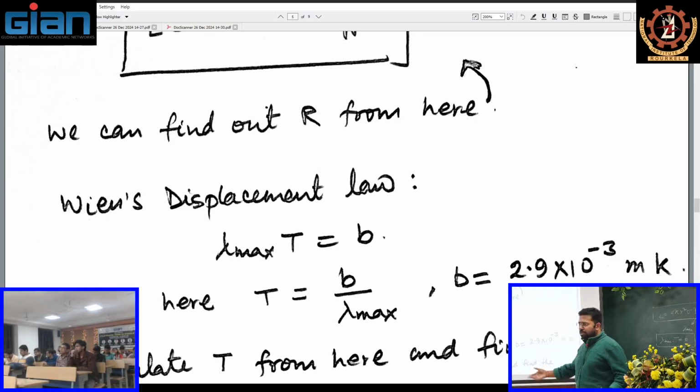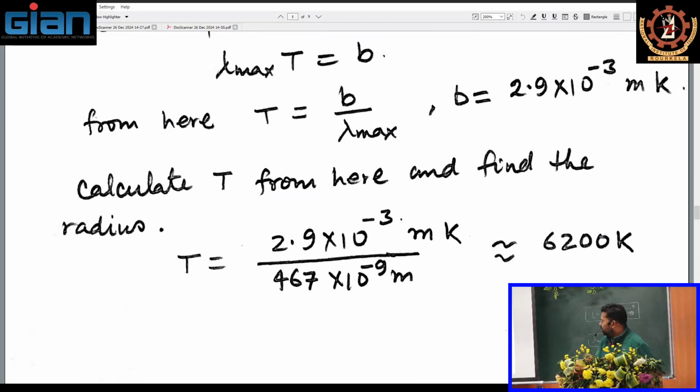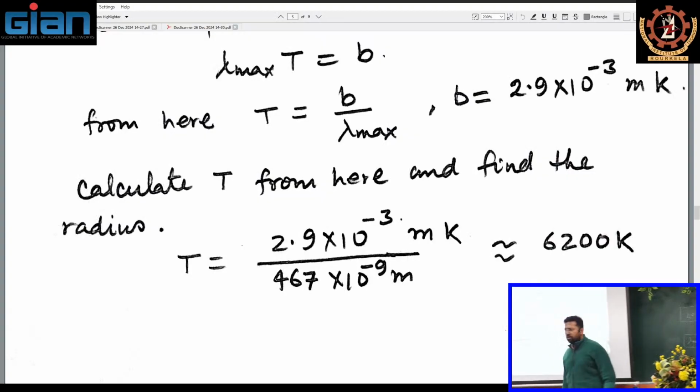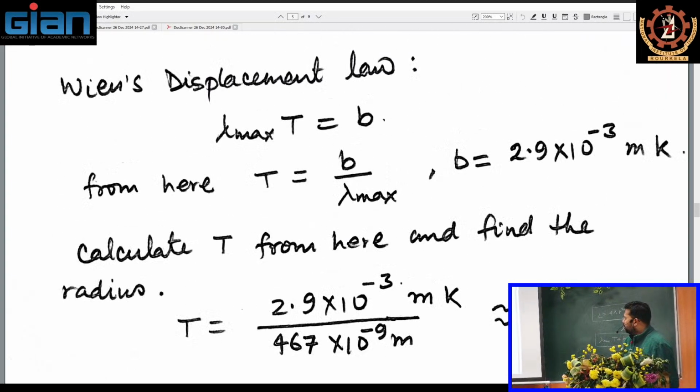You only have to multiply two numbers actually. It is 6.2 kilokelvin, or 6200 Kelvin. Okay, this is the value I'm also getting. T is equal to 6200 Kelvin.